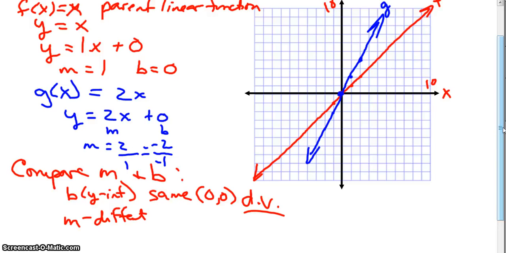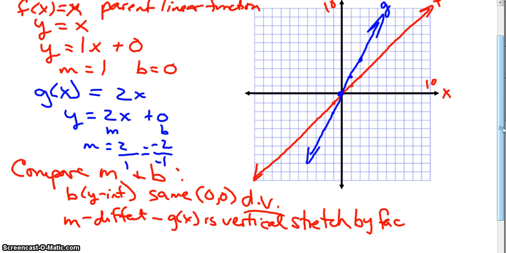Is it a vertical stretch or shrink? Stretch. Good, it's a vertical stretch. So the new function, g of x, is a vertical stretch of the parent. And we could say by a factor of, what is the factor we multiplied by? 2. So it's by a factor of 2. Okay?